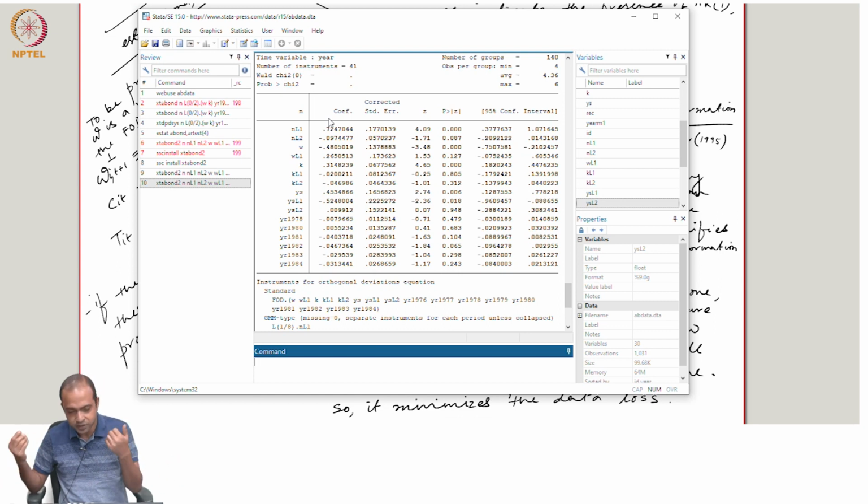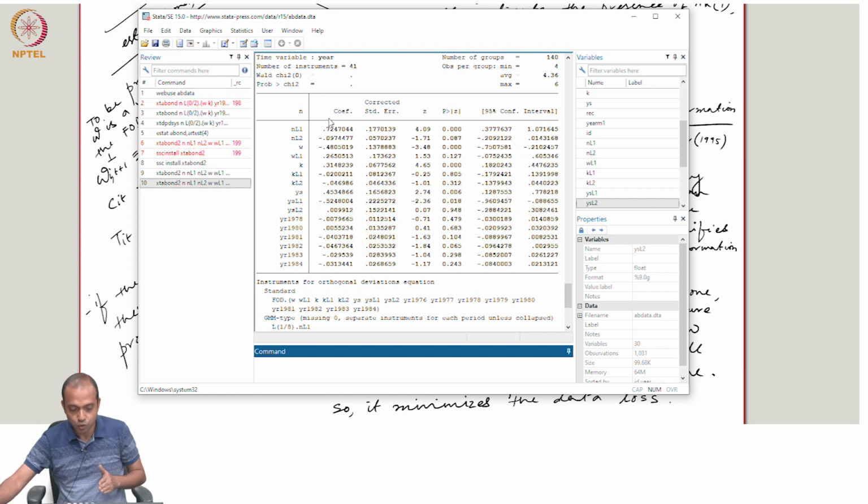There might be some missing observations, and with missing observations it is dangerous to use first difference transformation because it enlarges the gap. If Y_it is missing, both delta Y_it and delta Y_it plus 1 will be missing.